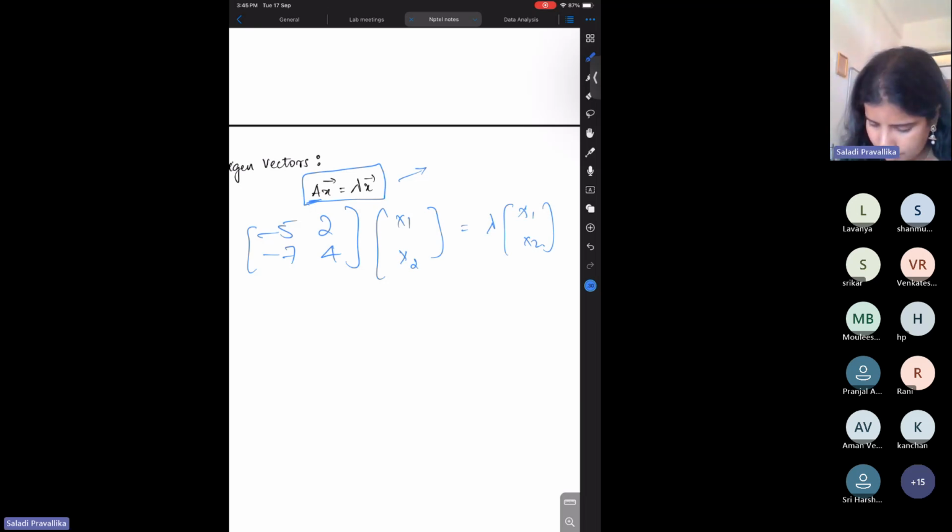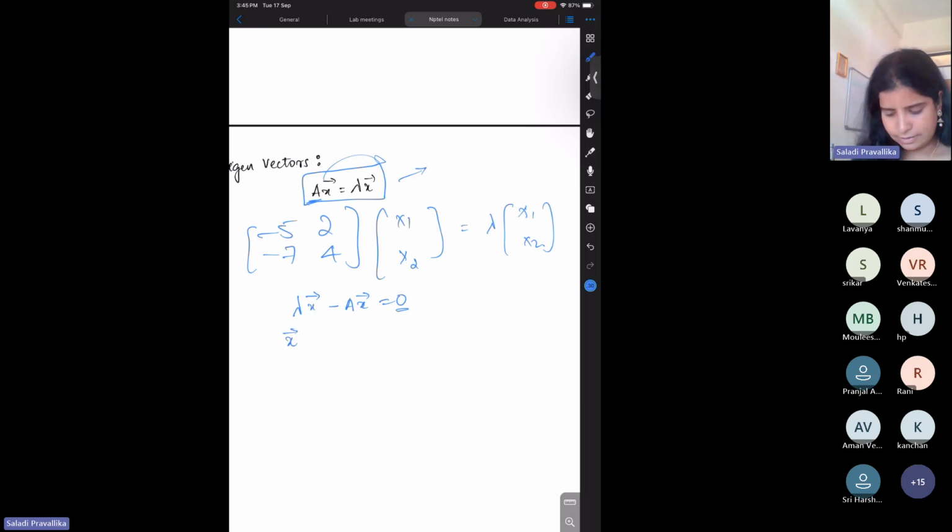So I can rewrite this one, if I bring this to the other side, as A minus lambda times x is equal to 0. Right? So here 0 is not just a singular value of 0, it is basically a 0 vector or a matrix based on whatever we have here, right?